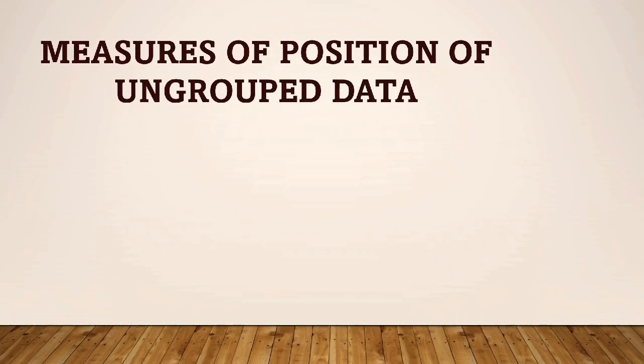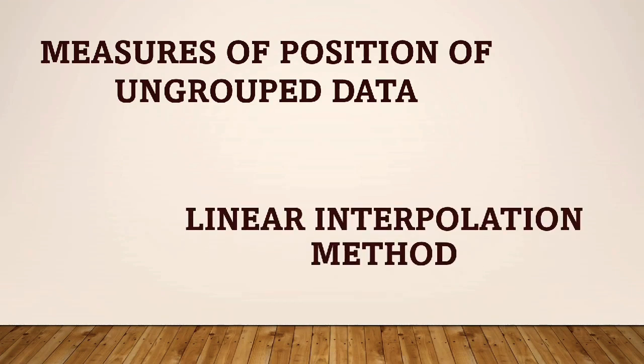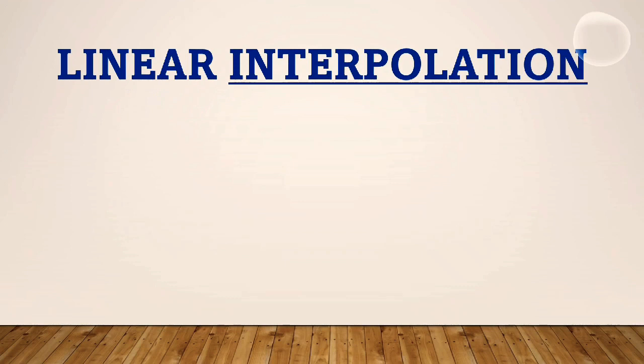At this moment, I'm going to discuss to you the third method of finding measures of position for ungrouped data, and that is the linear interpolation method. Let us define first what is interpolation.